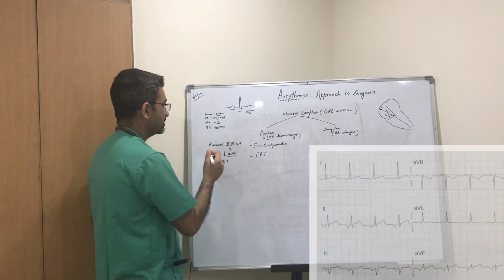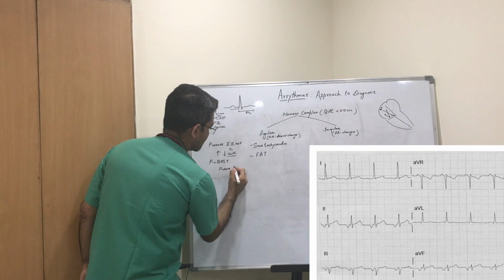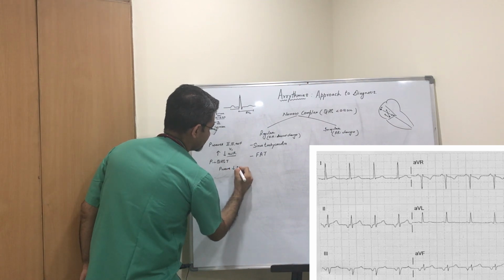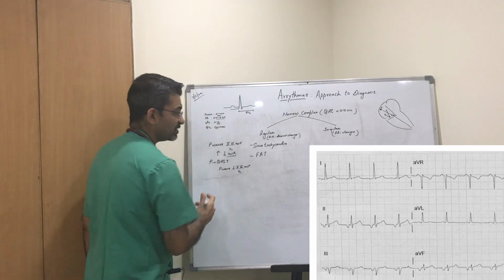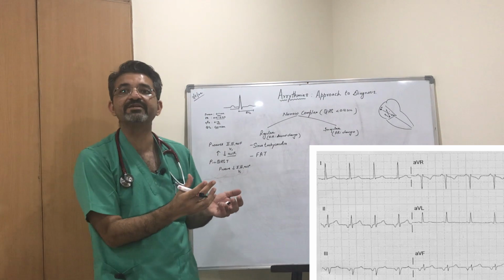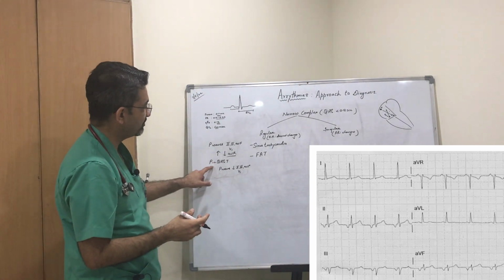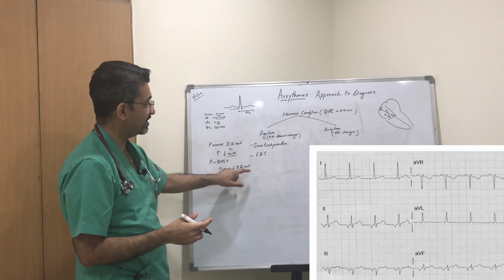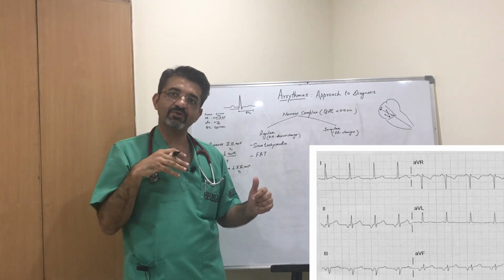So what will happen is the P wave becomes negative in lead 2, 3, AVF and V1. This is because of the orientation of the lead of that electrode, right? And what will happen in AVR? AVR is here, right? So it will look positive.